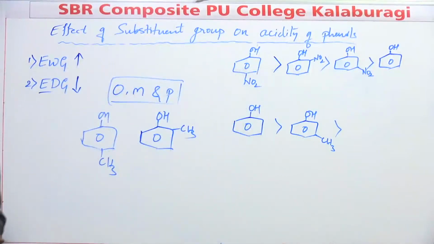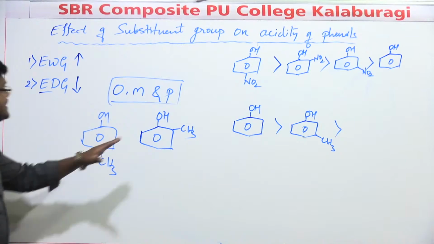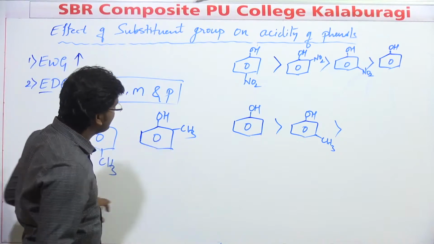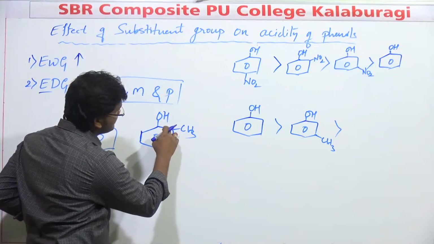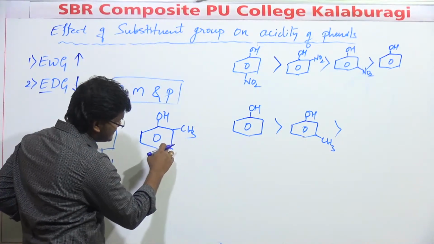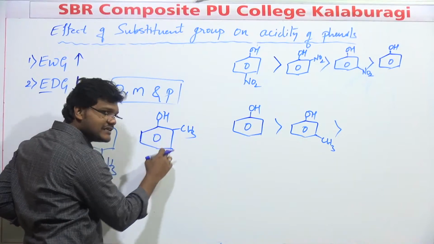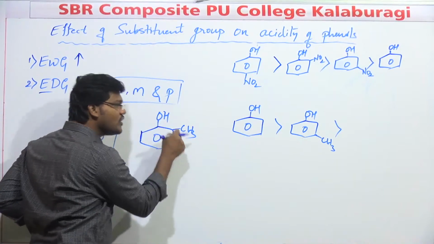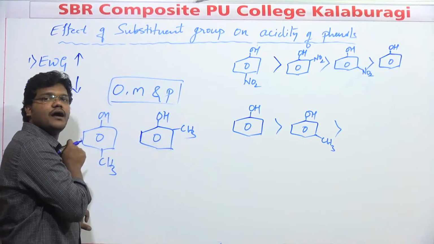So among ortho and para, the results are less acidic. The positive inductive effect of the substituent group decreases as distance increases. So the effect will be more at ortho compared to para.